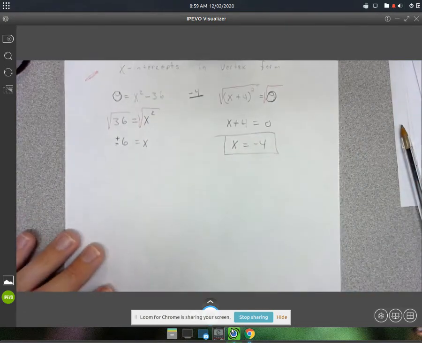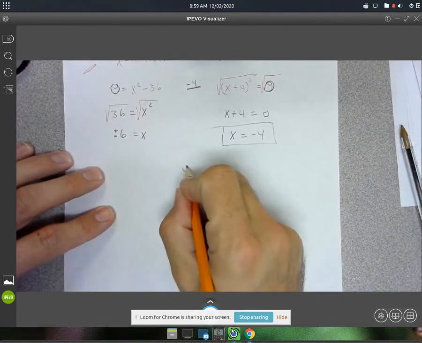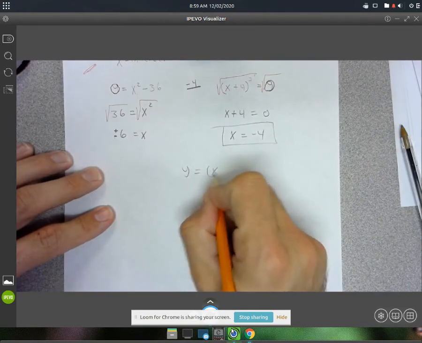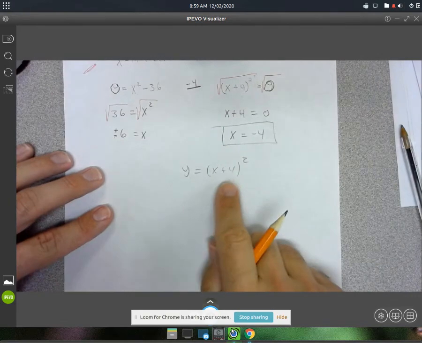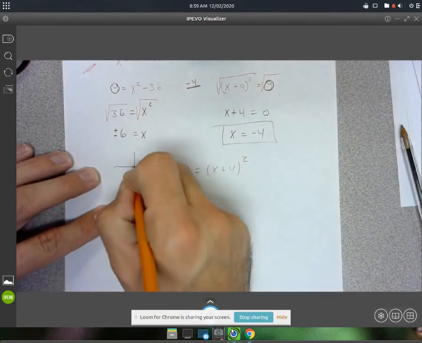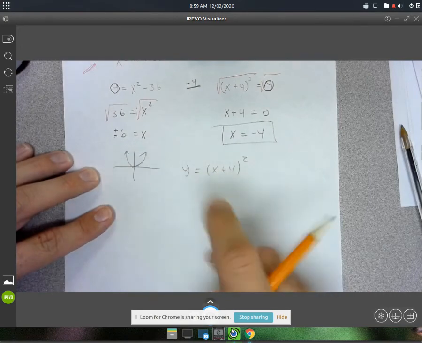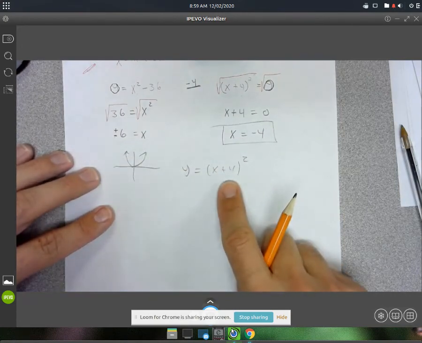And the reason for that is because if we look at the graph of y equals x plus 4 squared, we know the graph of this should be the same as the parent function, but just shifted 4 to the left.